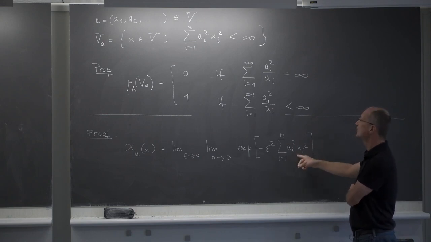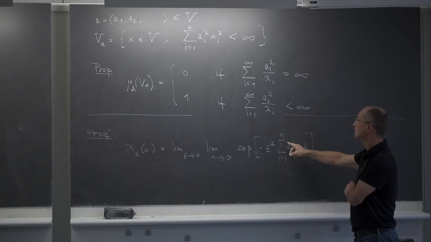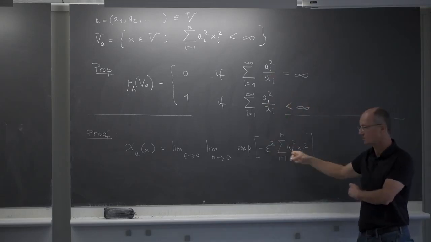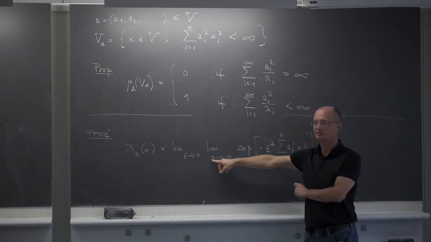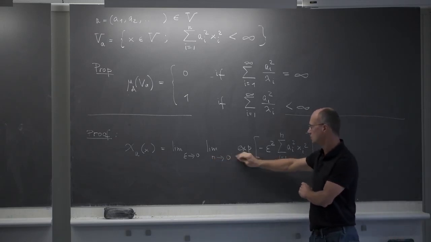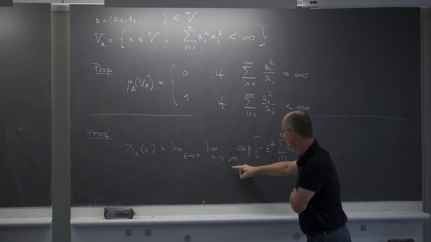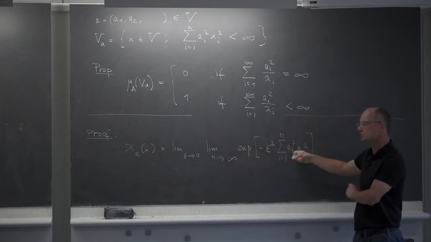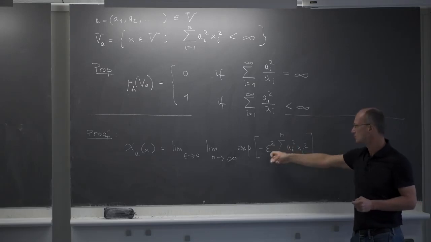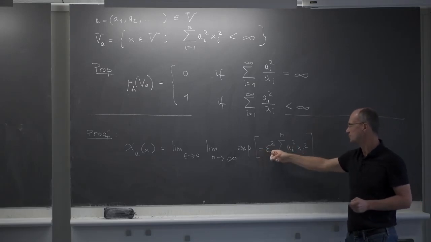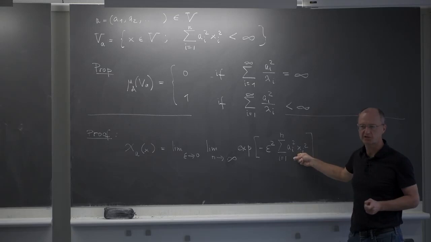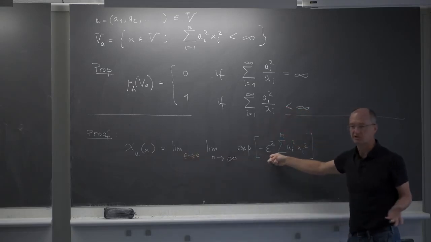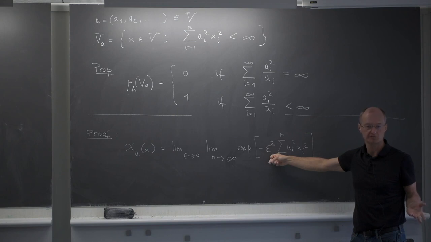Suppose that we have an element of V. Then by definition the sum is convergent. So when we take a limit n to infinity, it converges to some finite number, and we get exponential of minus epsilon squared times that finite number. Now we take a limit epsilon to 0. Well, this exponential tends to 1.